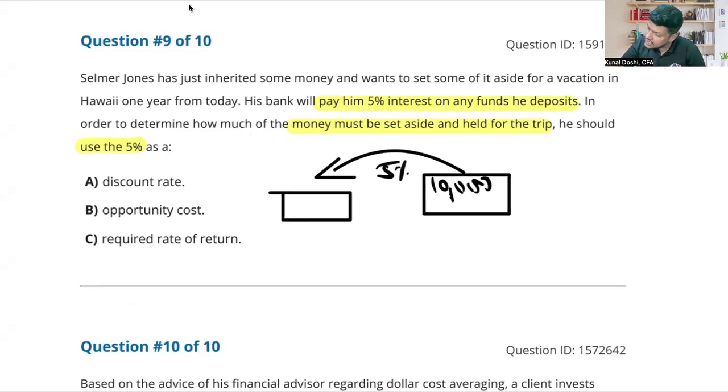They've asked whether he should use this 5% as discount rate, opportunity cost, or required rate of return. They all sound similar, but I need to find the present value of 10,000 to be invested today, right? So to find the present value, what do we do? We discount the 10,000. That's why this 5% in this case becomes the discount rate. Understood?